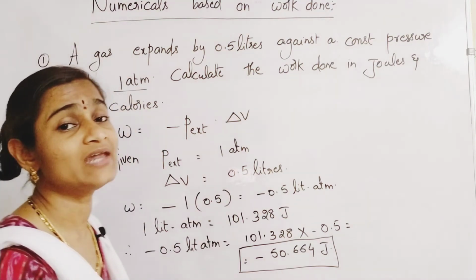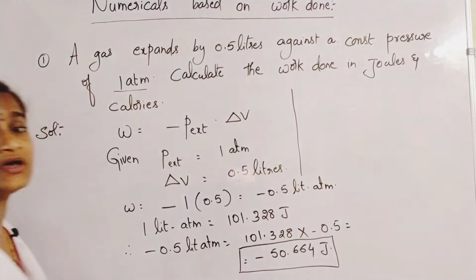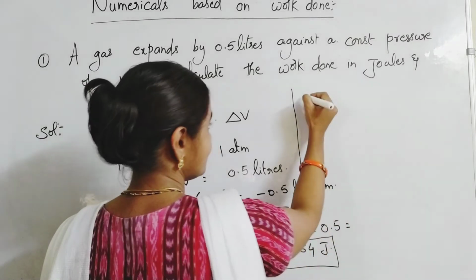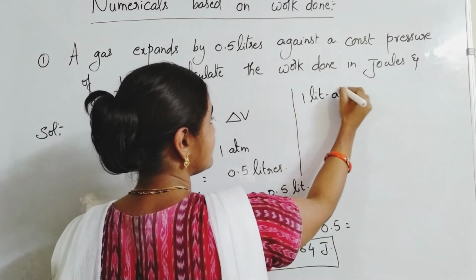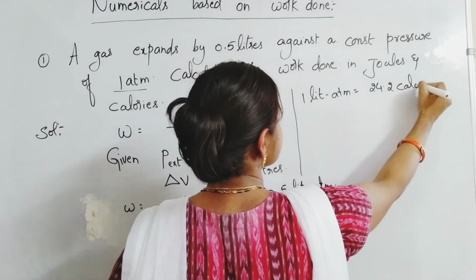So in terms of calories, what is the value? 1 liter atmosphere is equal to 24.2 calories.